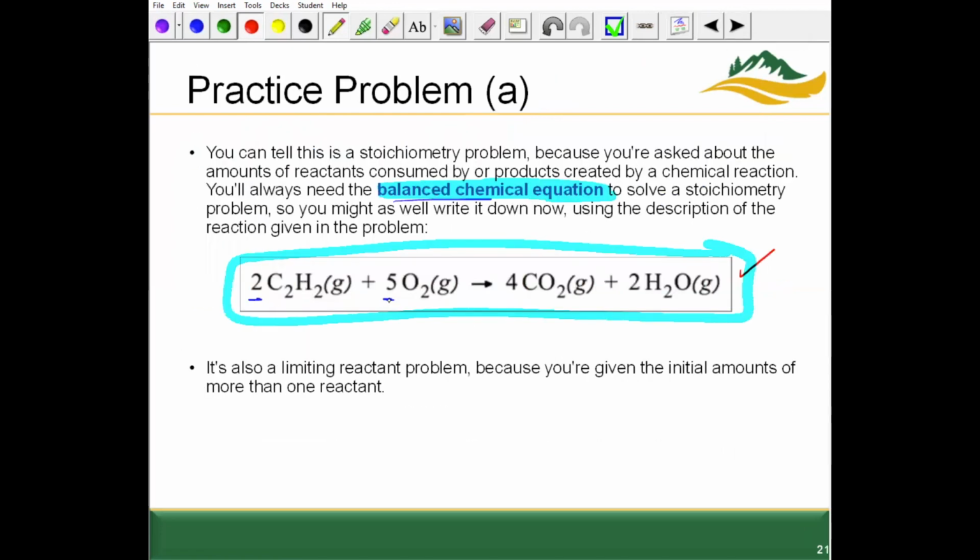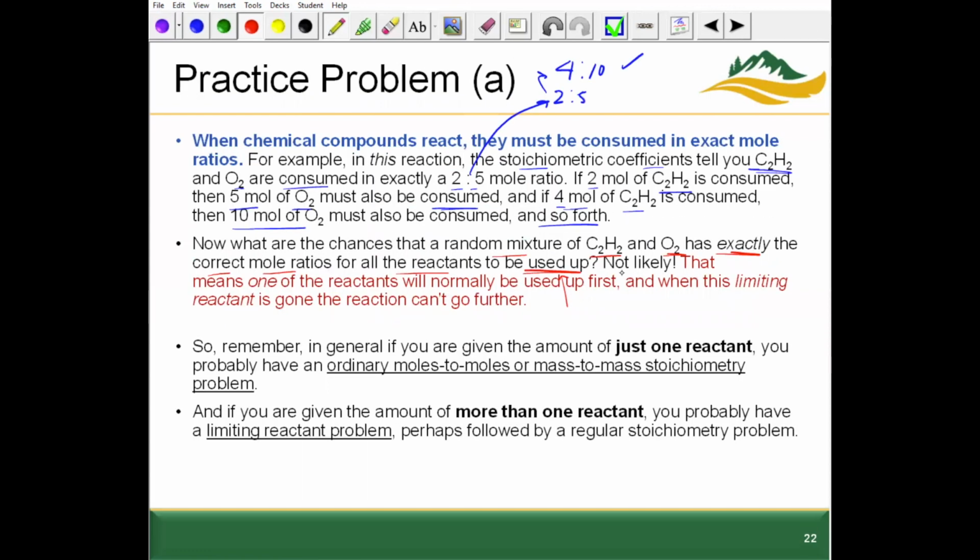So here's our mole ratio, but what are the chances that we're given this certain amount of C2H2 that it reacts in a perfect ratio with the amount of O2 there is, that each of these is used up at the exact same time? Well, it's truly not likely. So that means that one of the reactants will normally be used up first, and this is our limiting reactant. When the one that's used up first, we can't produce any more product, the reaction can't go on any further.